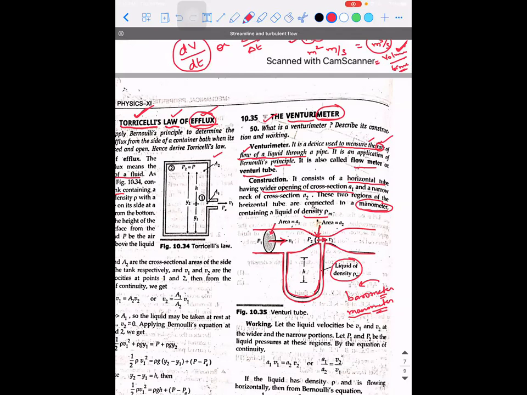U-shaped tube of liquid in which the difference in pressure in the two liquid columns is measured.